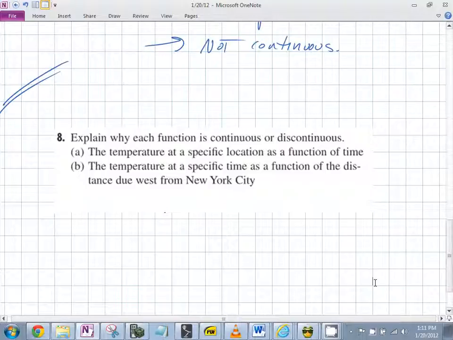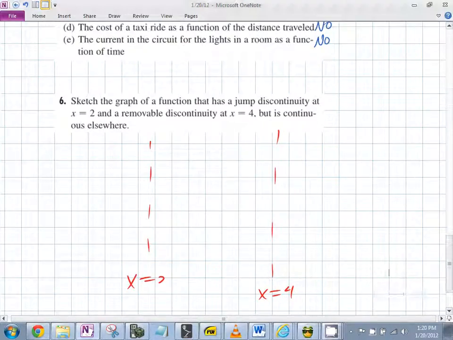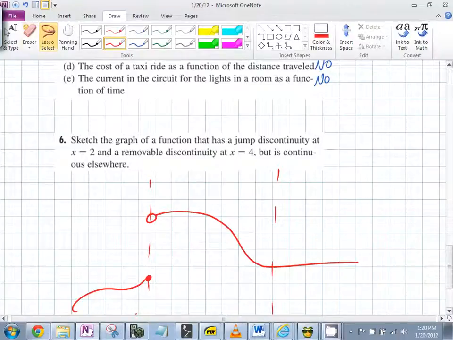So what does it have at 2? It's a jump discontinuity. So we'll go from like this, and it jumps up to there. And a removable discontinuity at 4. So what do we need to make it? An empty dot. Very good. There it is.